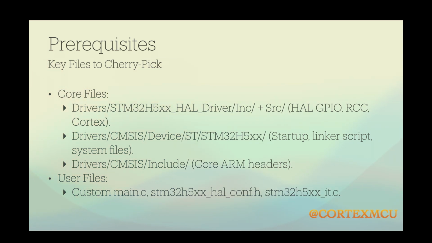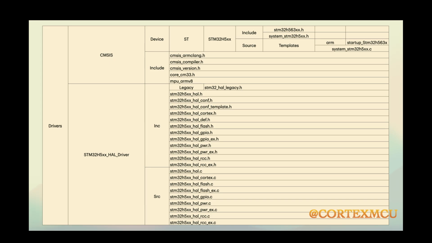We also need user files, like the custom main.c, stm32_hal_conf.h, and stm32h5xx_it.c. It's an abbreviation for interrupt, so it's the interrupt handler for all kinds of interrupts. This picture shows the manifest of the required files copied from the drivers.